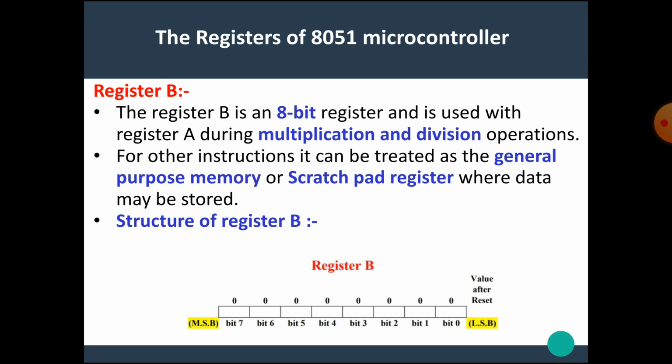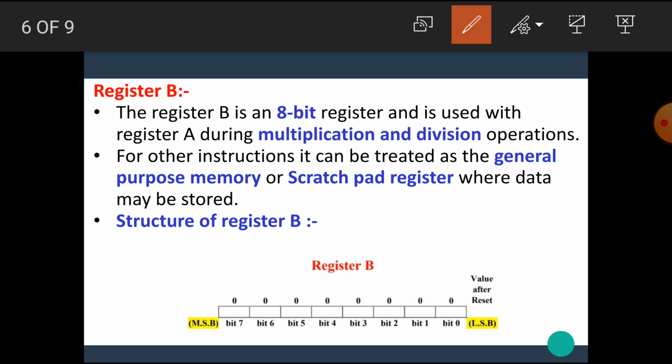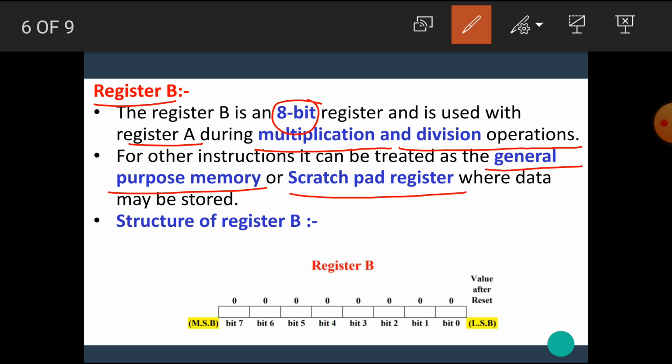Our next register is the register B. Register B is also an 8-bit register and it is used with register A during multiplication and division operations. For other instructions, it can be treated as general purpose memory or a scratch pad register where data may be saved.